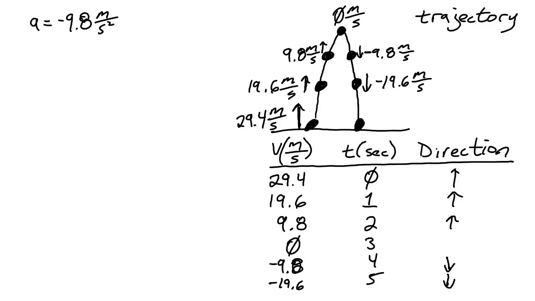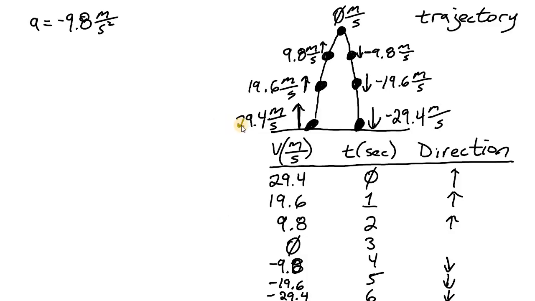And what about for the last one? 6. Do you need to do this calculation, or are you starting to notice a pattern? Maybe you're starting to notice that 19.6 minus 9.8 gives us negative 29.4 meters per second. And the direction is once again downwards.